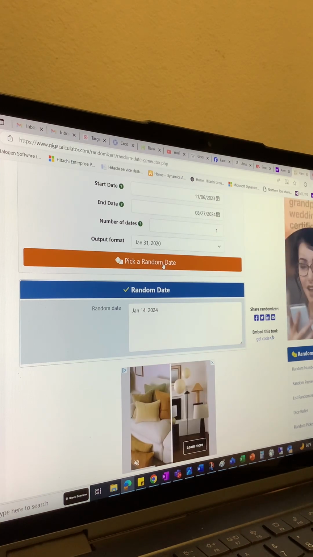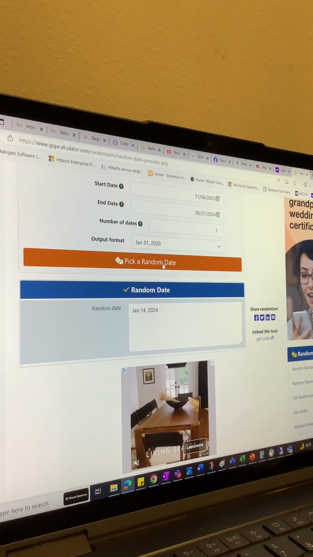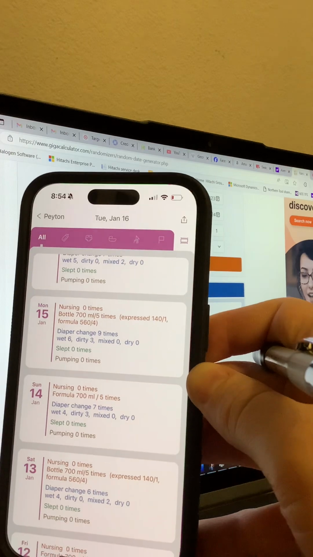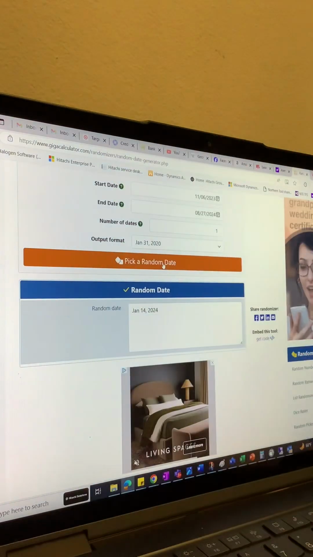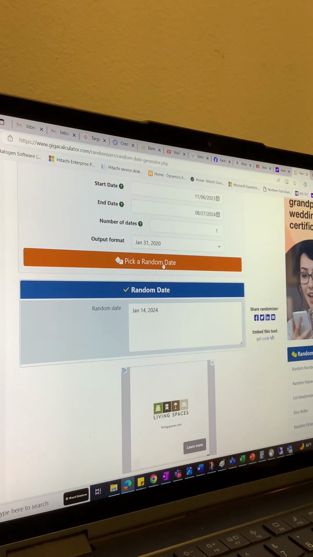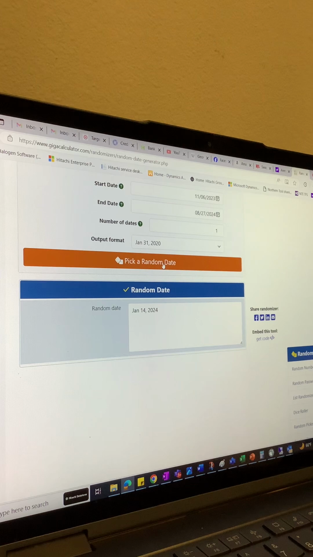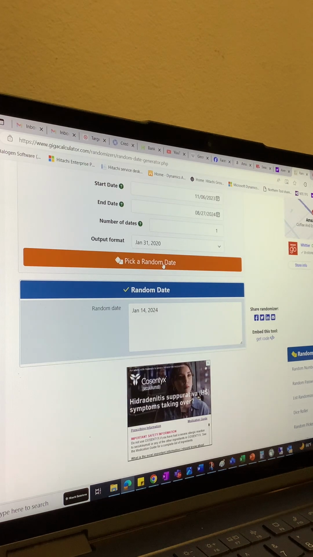Wait, what date was it again? January 14. Okay, so on January 14, Peyton had 700 even, so that's a 0, but we're counting that as 10. So Brian wins the tiebreaker. And because nobody landed the 5th pick originally, I am going to give Brian the 5th pick.